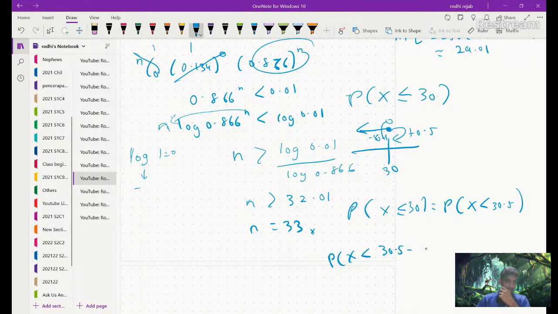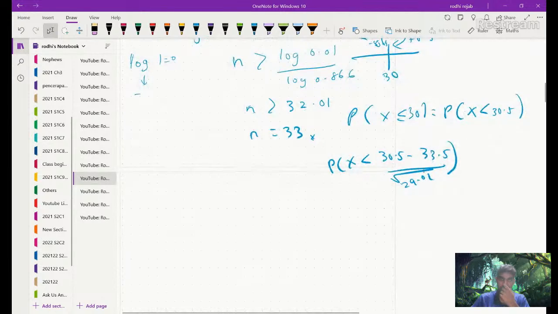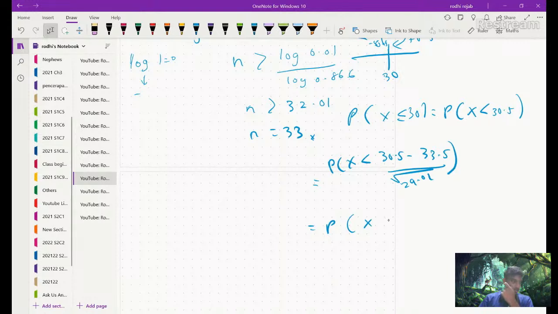And like the previous way, we can solve it as P(Z less than 30.5 minus the mean value, which is 33.5, over our standard deviation. But here we have variance, and standard deviation is the square root of variance. And this would be equal to P(Z less than negative 0.56).